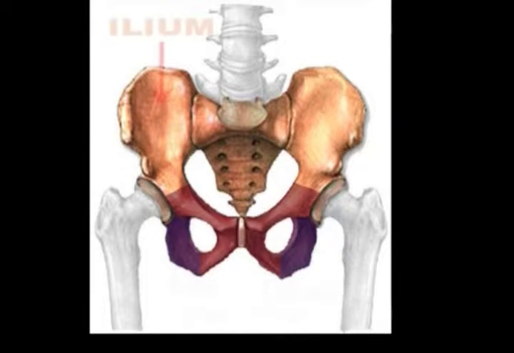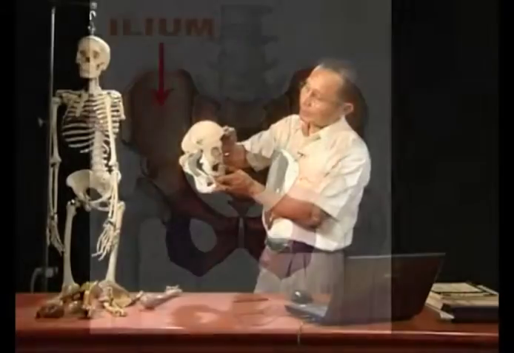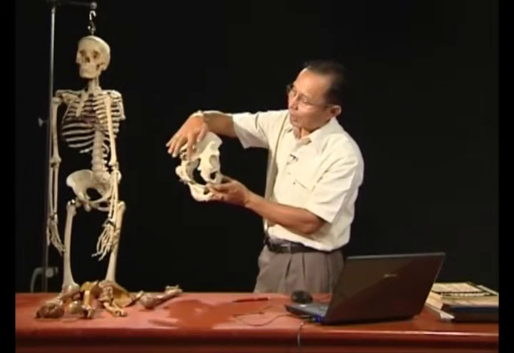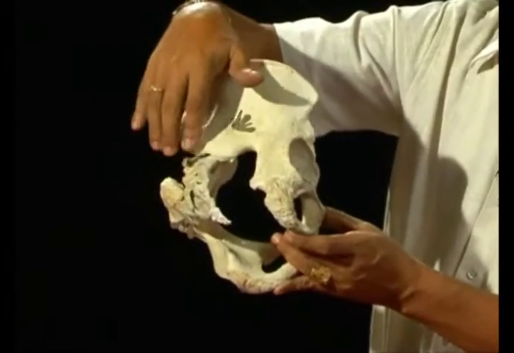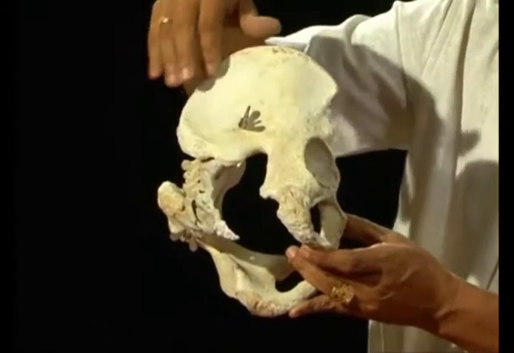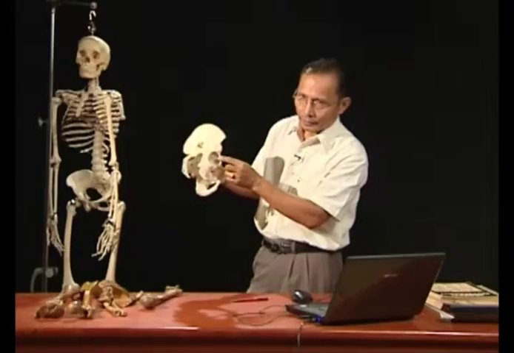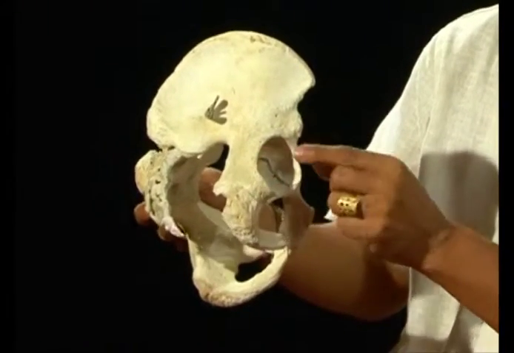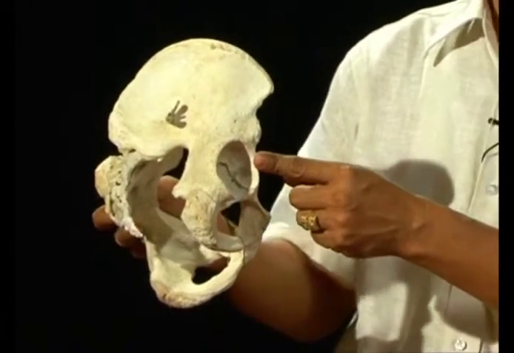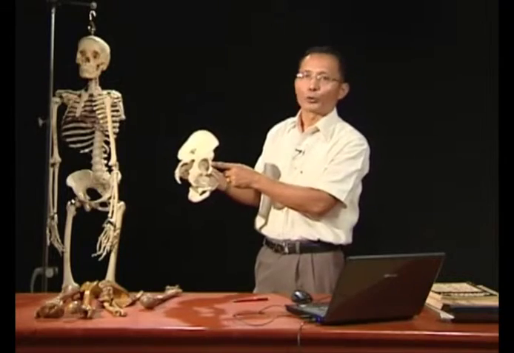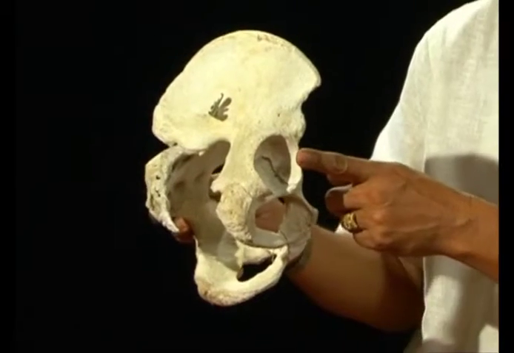Now let us come to ilium. As I told you, ilium forms the upper expanded fan-like shaped body, and 2/5 of the bony structure which forms a part of the acetabulum. It has two ends.